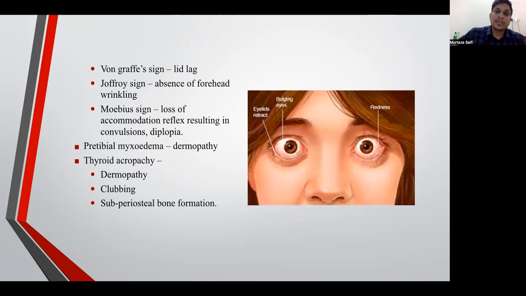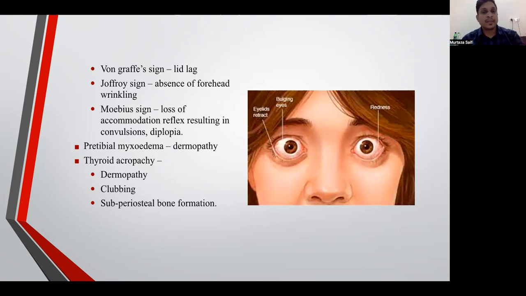You can see in the picture, bulging eyes, eyelids are retracted, redness. So there is lid lag, known as von Graefe's sign. Then Joffroy's sign, absence of forehead wrinkle. Mobius sign, loss of accommodation reflex resulting in convergence failure and diplopia.